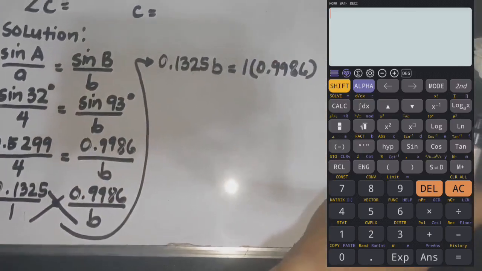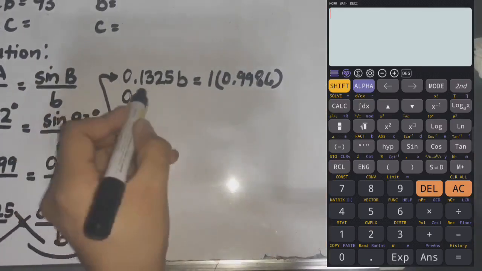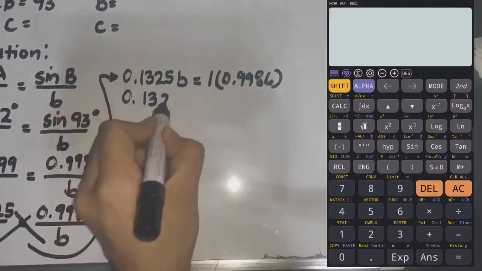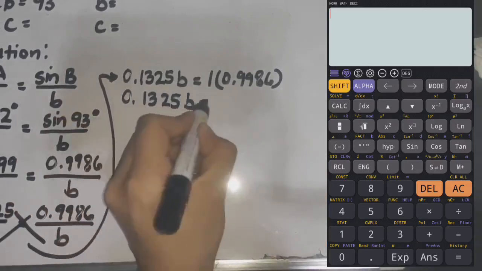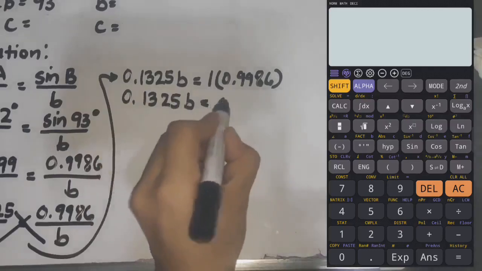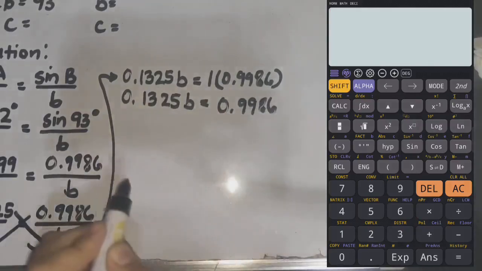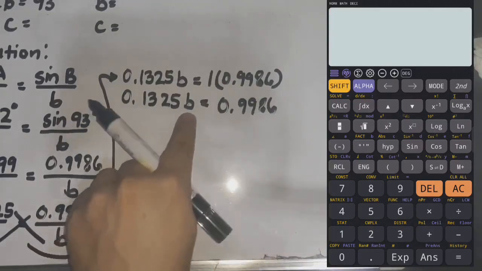So yan, wala tayong denominator. Then isi-simplify na lang natin 0.1325B equals 1 times 0.9986 is 0.9986. Then ang kinukuha natin ay yung value ng B.